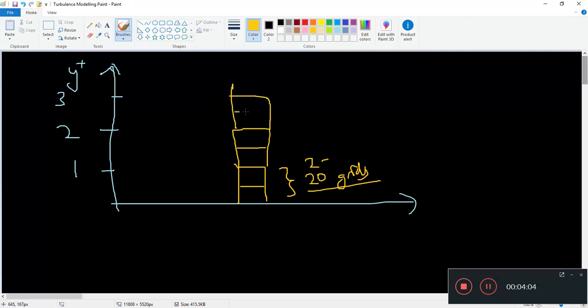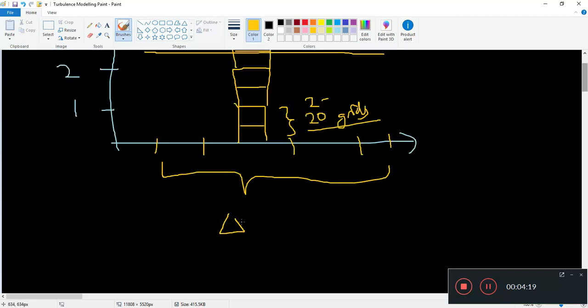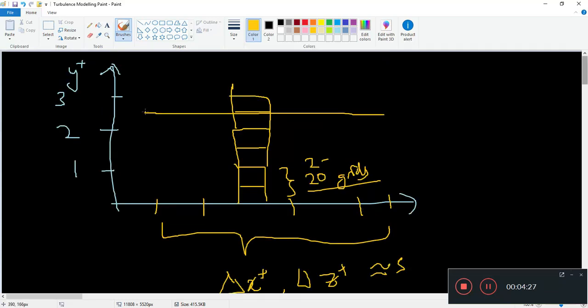You can see why the computational requirements are very high. And what about in the parallel direction? Delta x plus or delta z plus is approximately 5. So you have cells looking more or less like this for the DNS boundary layer.